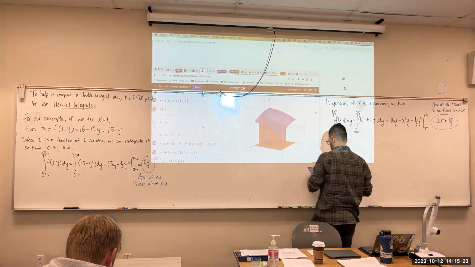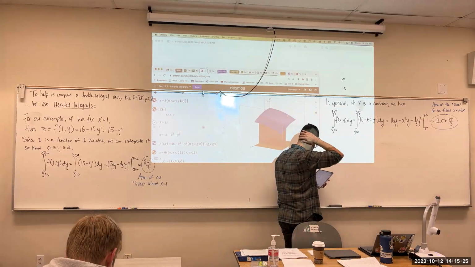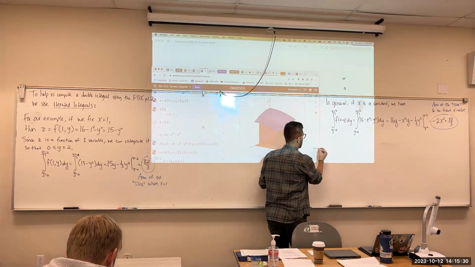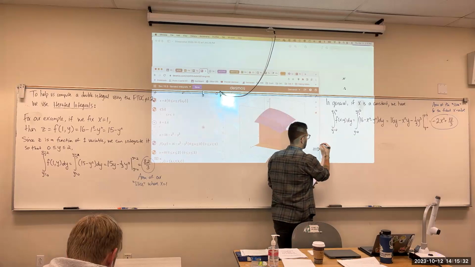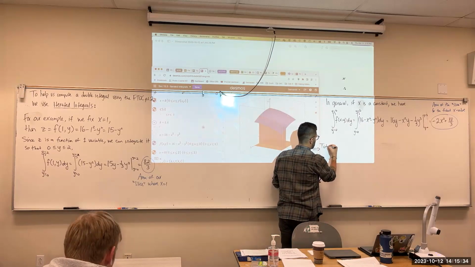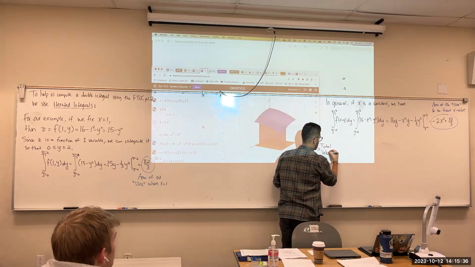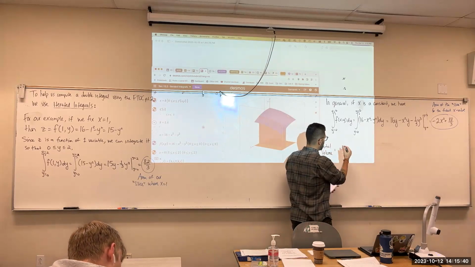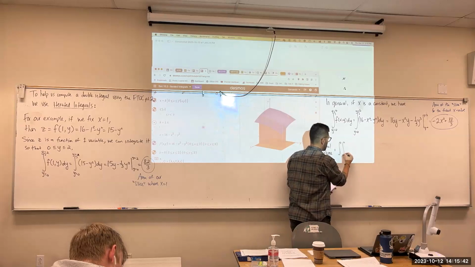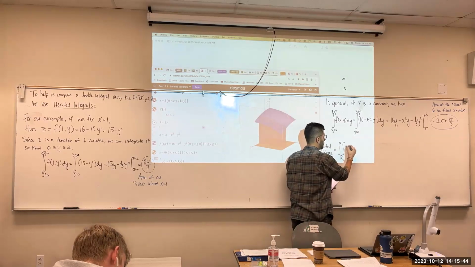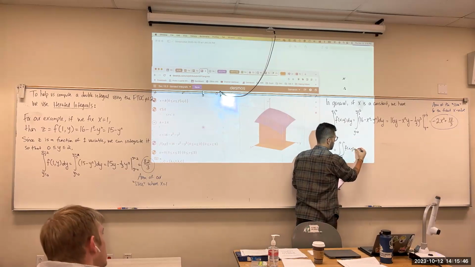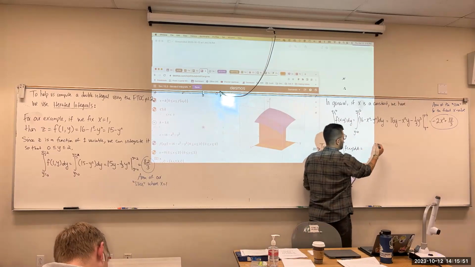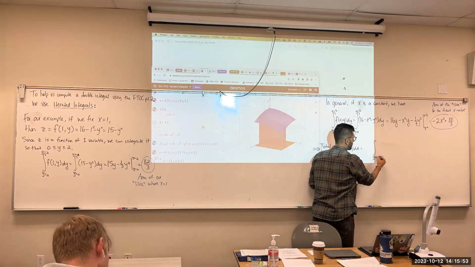So then, therefore, to get the total volume, what we're going to do is the total volume, which we defined to be this double integral, through this iterative process, I'm going to integrate y first.